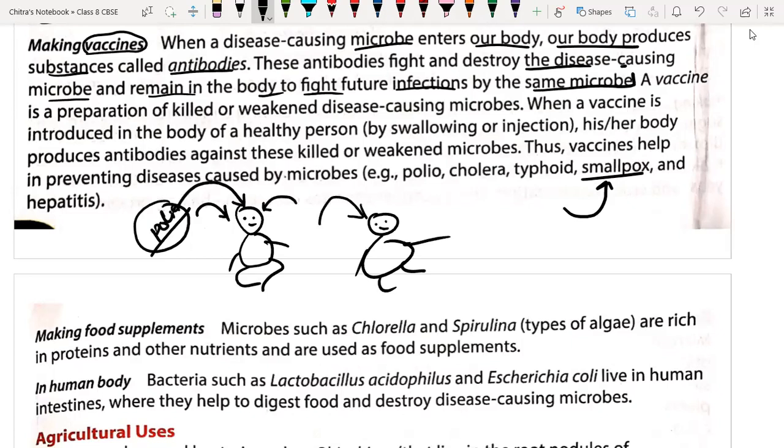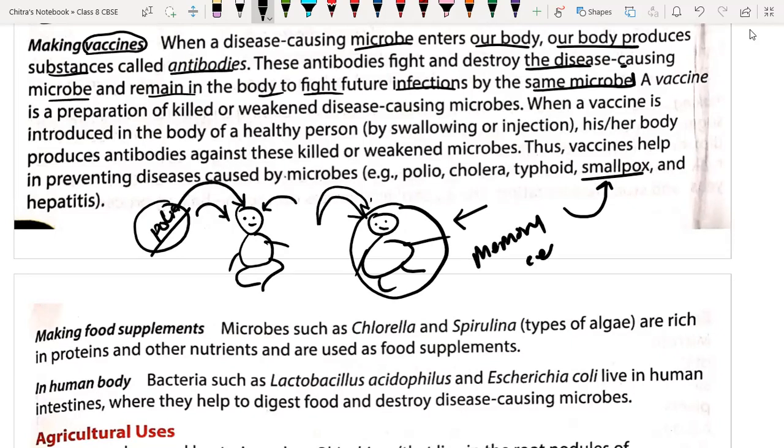Due to that medicine, that boy or girl, the child, will recover from smallpox, but that child is not going to suffer from smallpox again next time, because whatever vaccine we have given to the child will produce the memory cells.